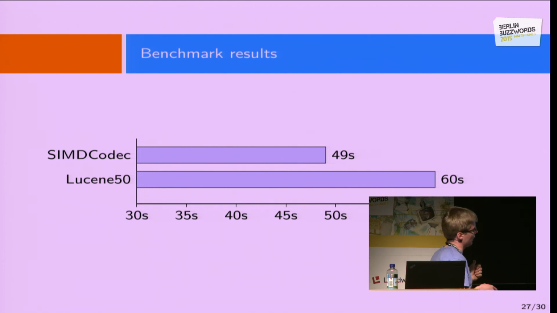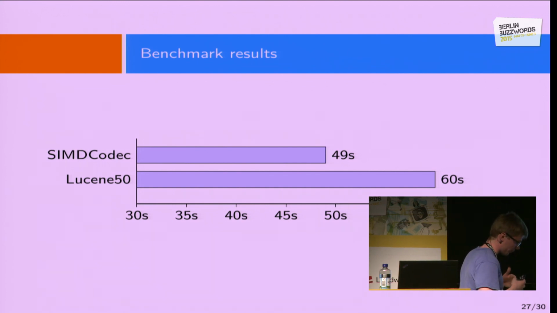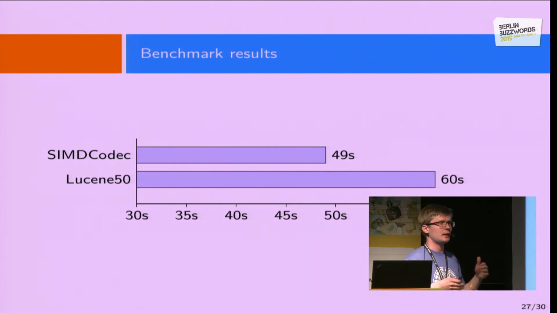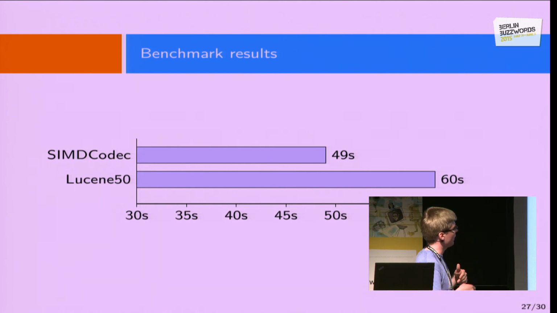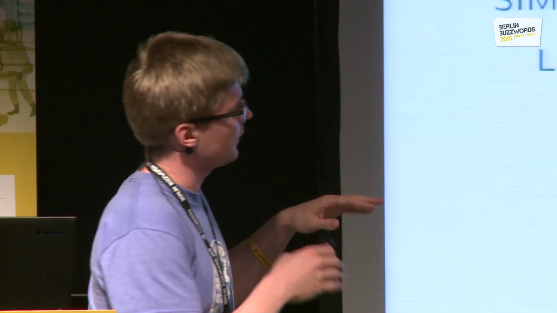In the case of my codec, Lucene mostly calculates and sorts the heap. For the other 39 seconds, Lucene mostly sorts heaps, puts elements in heaps and returns elements from the heap.